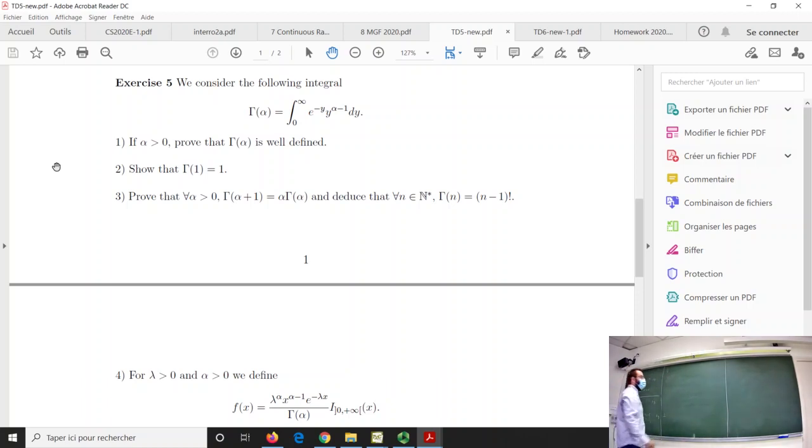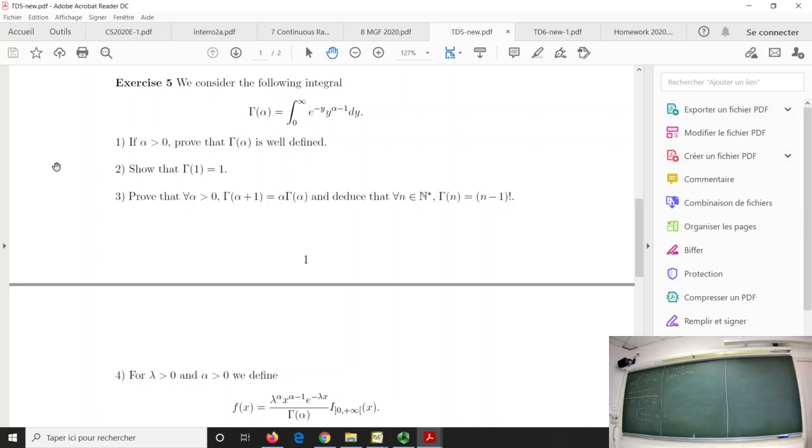Third question. There are two questions in question 3. First, I want you to prove that for all alpha strictly positive, there exists a relation between gamma of alpha plus 1 and gamma of alpha, that is the following one. Gamma of alpha plus 1 is equal to alpha times gamma of alpha.